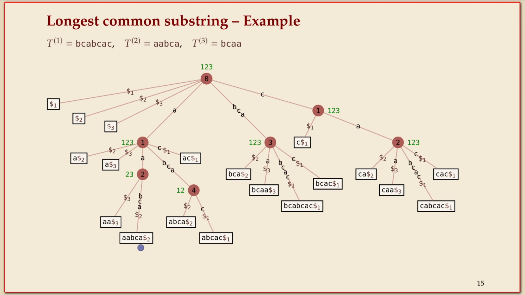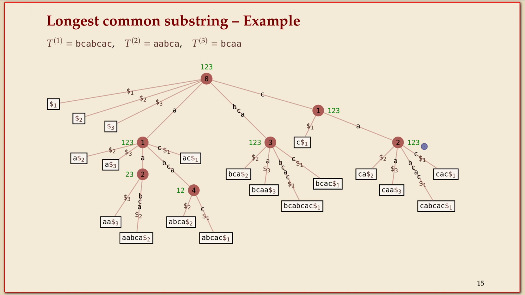So the way to construct this is to put all the texts behind each other, concatenate them, and build the suffix tree for that. Now, how do we find a string that occurs in all three texts? There's one extra trick in this tree. That's these green numbers.